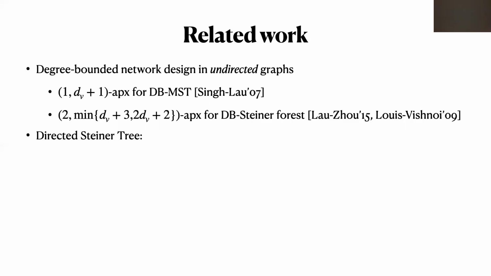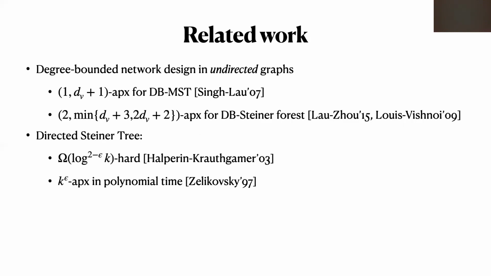However, in directed graphs, the problem is significantly harder. Even without the degree bound, the directed Steiner tree problem doesn't admit constant approximation. It's known that one cannot approximate it within order log^(2-epsilon) k, assuming P does not equal NP.